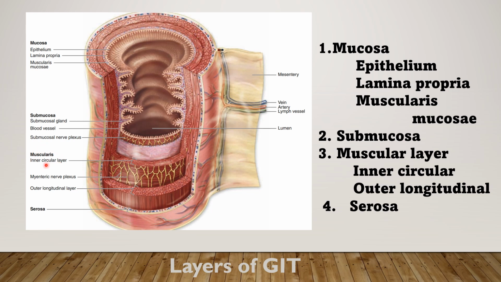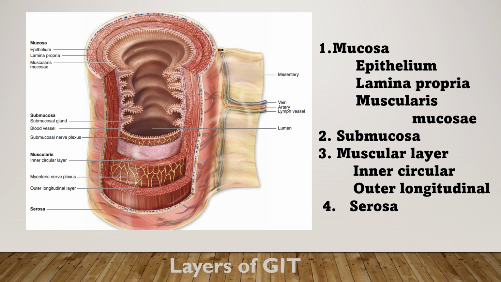That is made up of two layers, inner circular layer and outer longitudinal layer. Still outer to that we have serosa. So these are the four common layers for all the GIT organs: your esophagus, stomach, small intestine and large intestine. So the first identification point for GIT slides is the presence of these four layers.